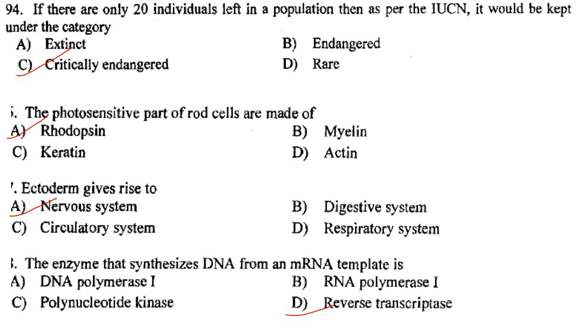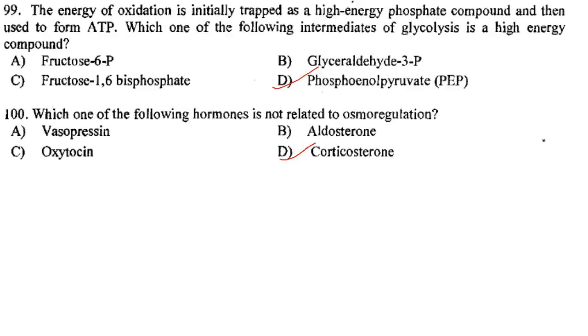Answer is option A. Ectoderm gives rise to nervous system. Answer is option A. The enzyme that synthesizes DNA from an mRNA template is. So from an mRNA template that synthesizes DNA is reverse transcriptase. Answer is option D. All these are just direct questions.